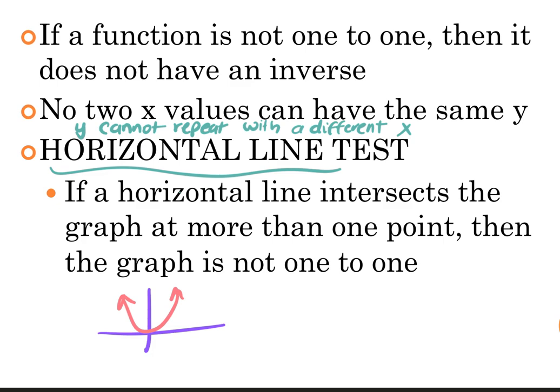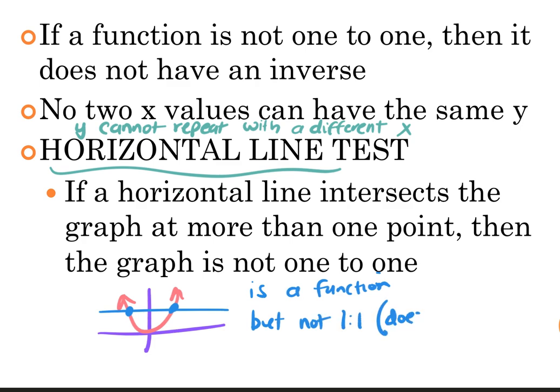Yes, it would pass my vertical line test. Is it one-to-one? No, it would fail my horizontal line test, right? The horizontal line is going to hit it at more than 1 point. So it is a function, but not one-to-one, which means it doesn't have an inverse.